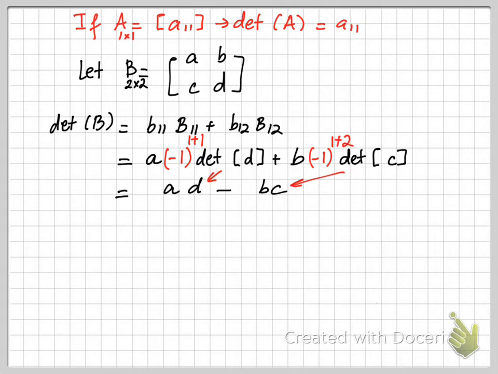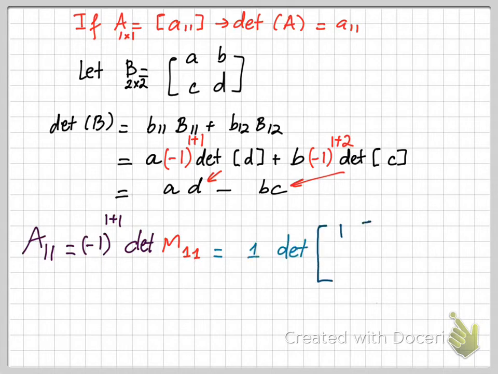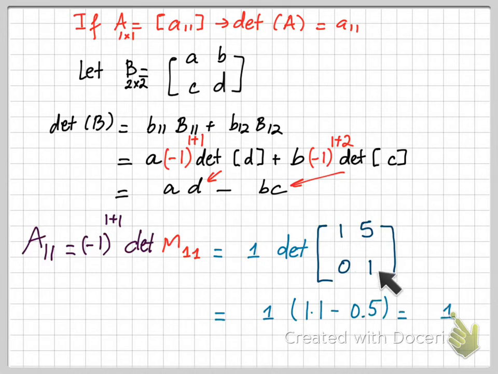So at this point, we form the formula that helps us find the determinant of a 2 by 2 matrix B by taking the product of the diagonal minus the product of this other diagonal. Returning to the previous example, we wanted to find big A11 using this formula, and now we know how to find the determinant of M11, the 2 by 2 matrix, using the product of this diagonal minus the product of this diagonal, which gives us the answer of 1.